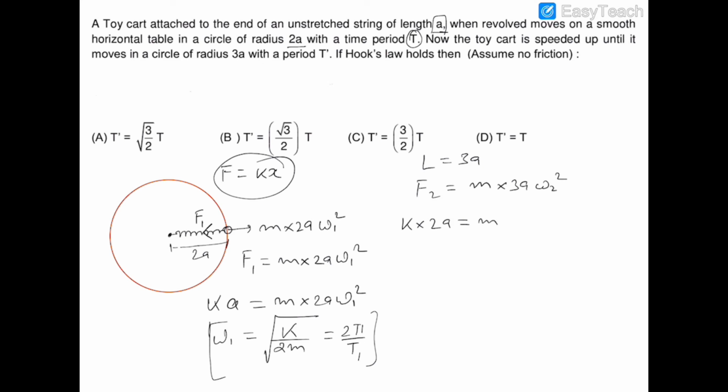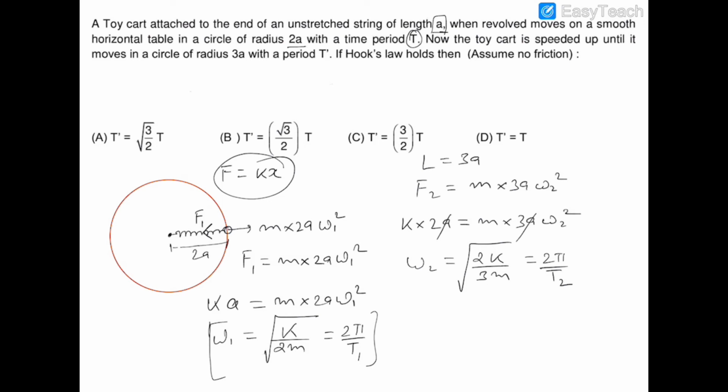So k into 2a equals m into 3a omega 2 square. Now omega 2 will be equal to root of 2k by 3m, and this will be equal to 2 pi by t2.